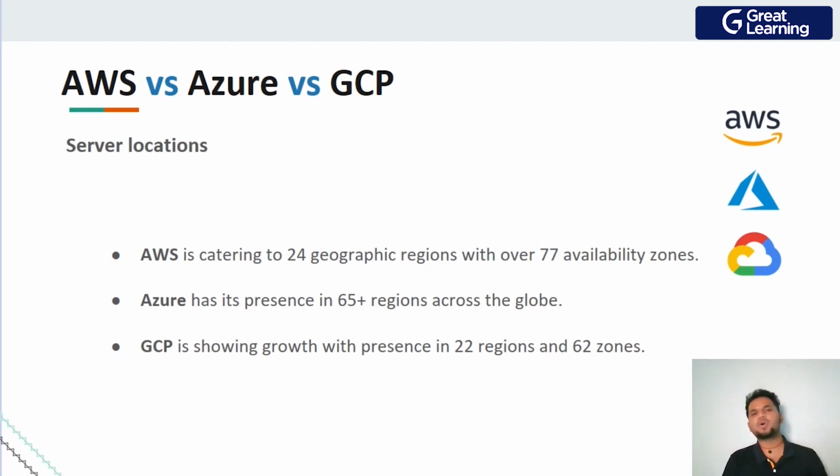So with this particular module, my aim was to provide you guys with this fundamental knowledge that you have to have about these 3 big guys, because I'll be very honest with you, if you're a person who's looking for a job in this industry, there's a good chance when you start out, it'll be either in AWS, Azure, or GCP. So I thought it'll add a lot of value to your learning that we check this out now.